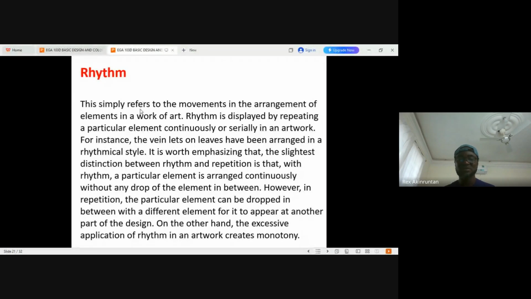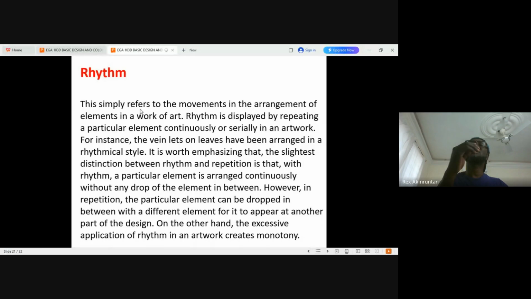Okay, so it is also another form of distinction between rhythm and repetition. You might think that repetition and rhythm are the same, but repetition is quite different. Repetition can be in an ascending or diminishing form.